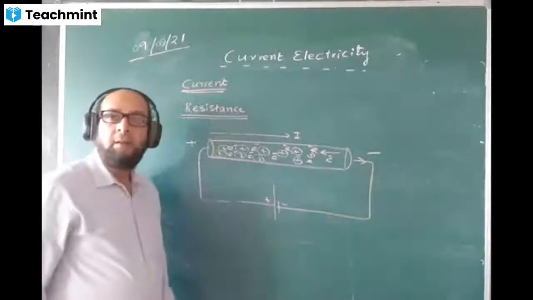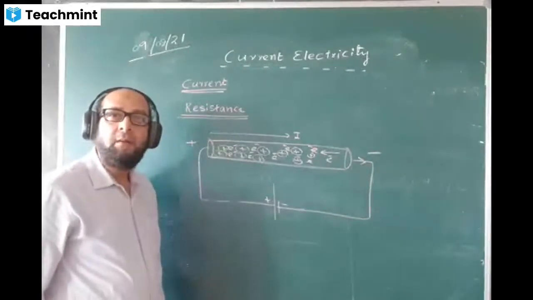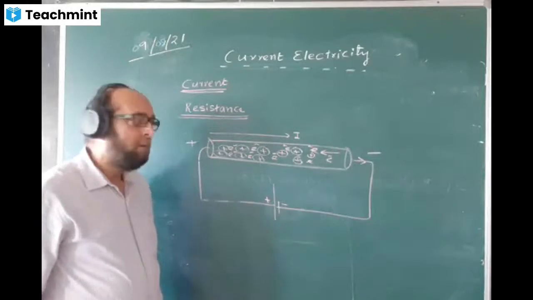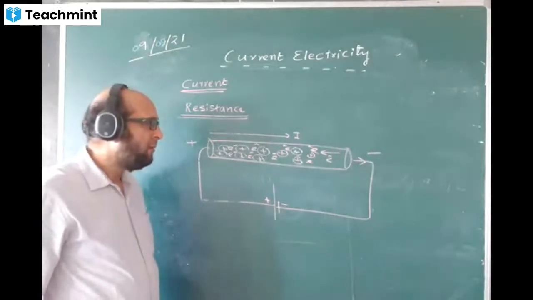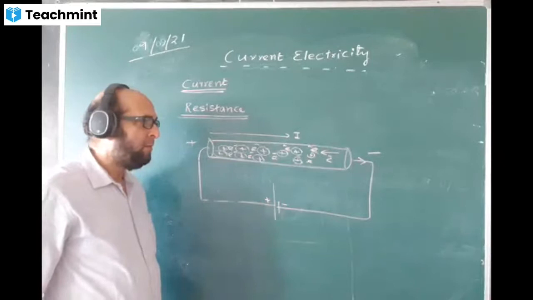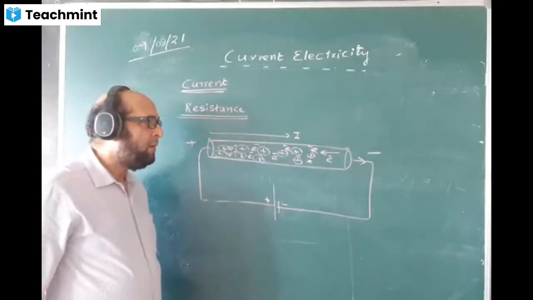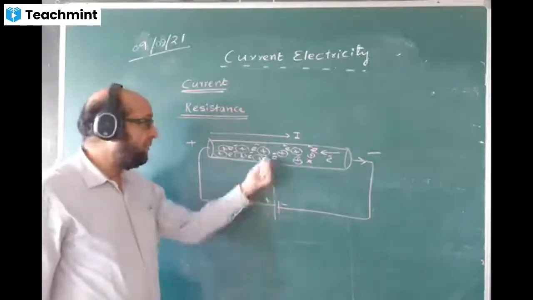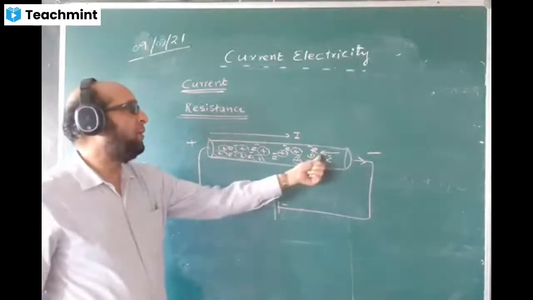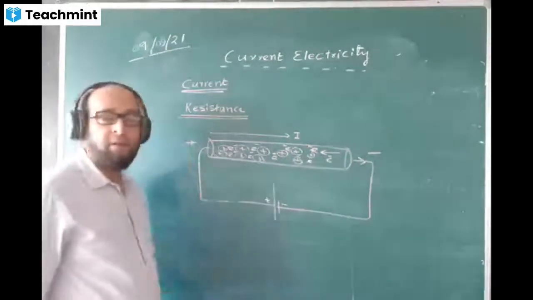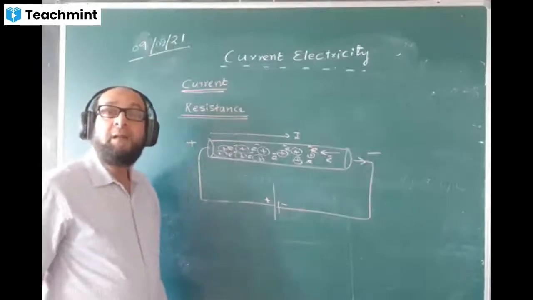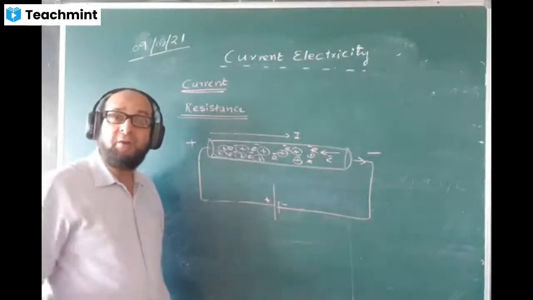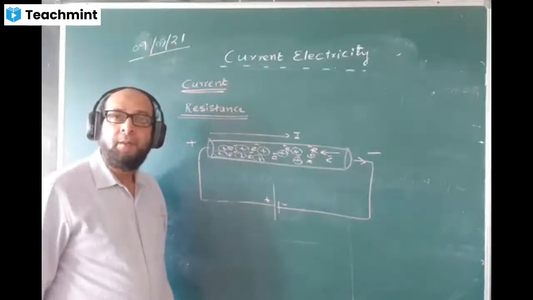Excuse me, sir. If the current passes from positive to negative, electrons move from negative to positive. Of course, yes. Opposite direction. Electrons are moving from negative to positive. But current is a tradition, a convention.